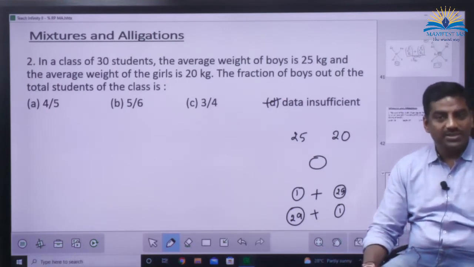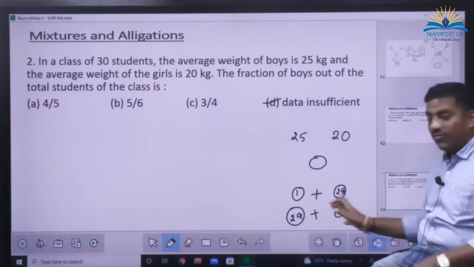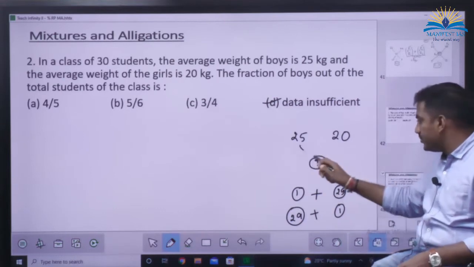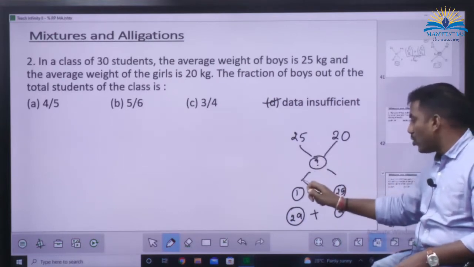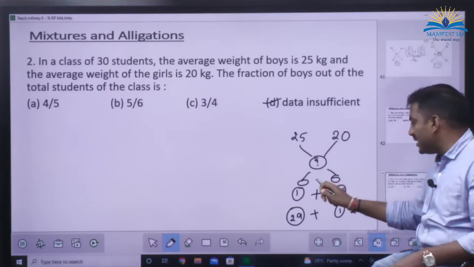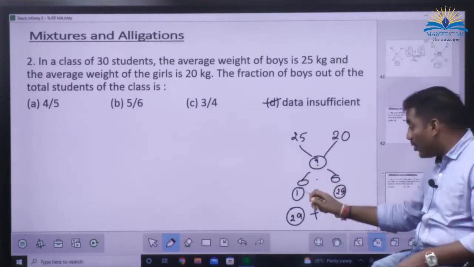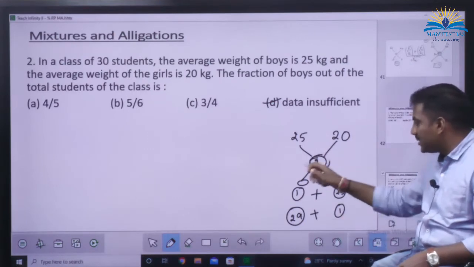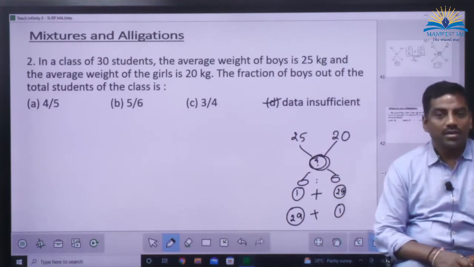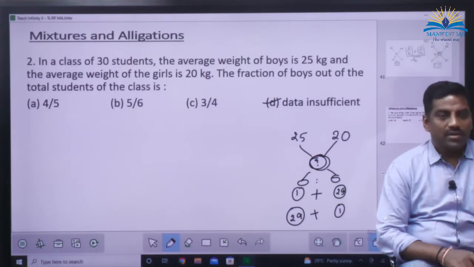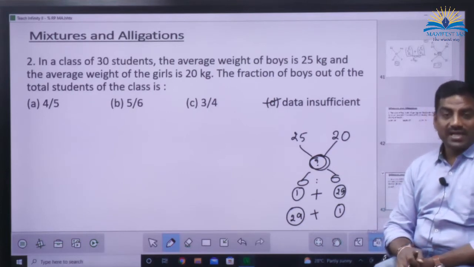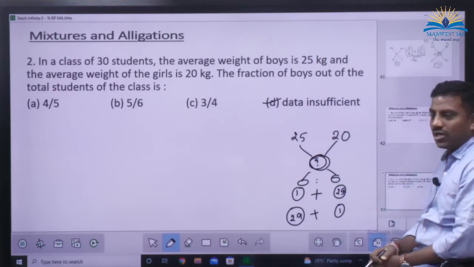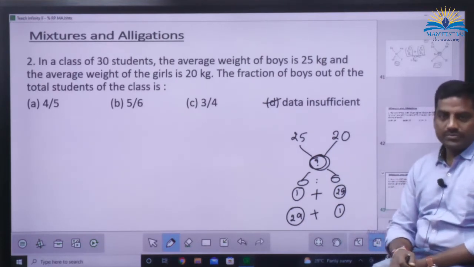So every time it will change. If they had given the average, what would we have got? We would have got the ratio, right? With that, we would have found out this and this. At least they would have given us the average weight of the entire class. But they have not given, so we can't find.